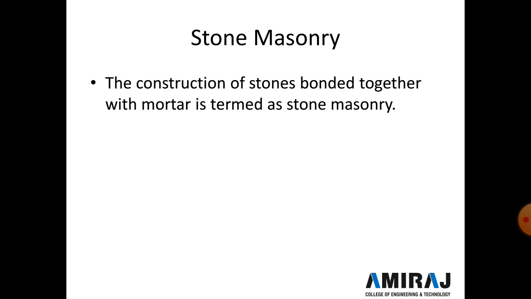Where stones are available in abundance in nature, on cutting and dressing into proper shape they provide an economical material for the construction of various building components such as wall, column, footing, arch, lintel, beam, etc. For example, in the Rajasthan area stone is easily available at low cost.